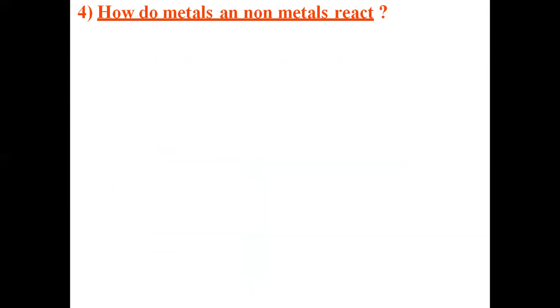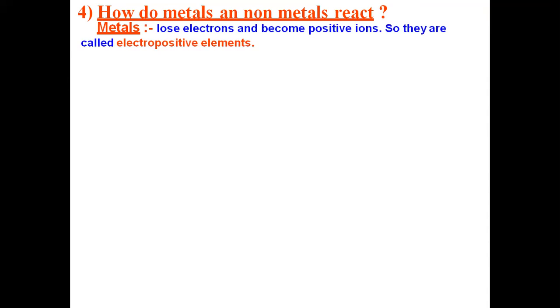When we compare a metal and a non-metal, metals have more tendency of donating the electron, whereas non-metals have more tendency of gaining the electron. So when a metal reacts with a non-metal, the metal gives electrons to the non-metal and the non-metal accepts electrons from the metal. We'll take some examples for that.